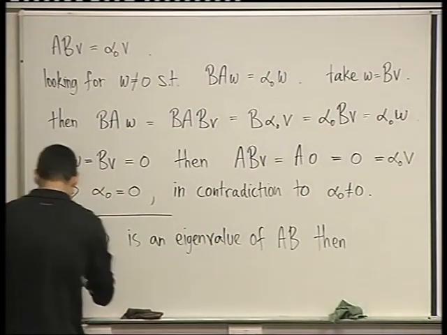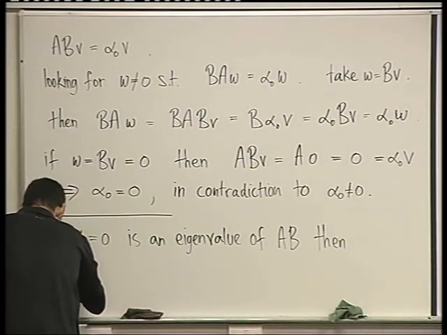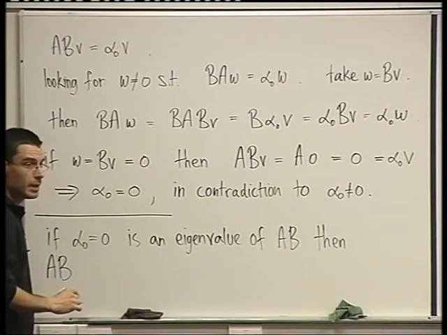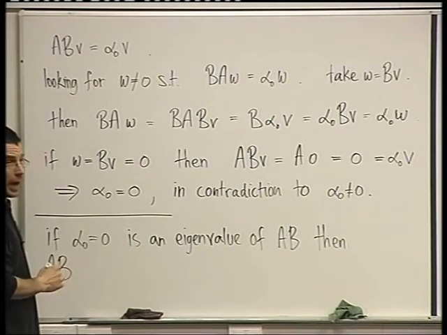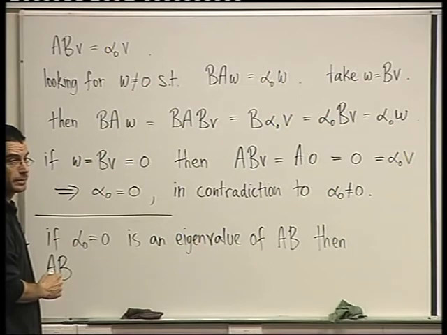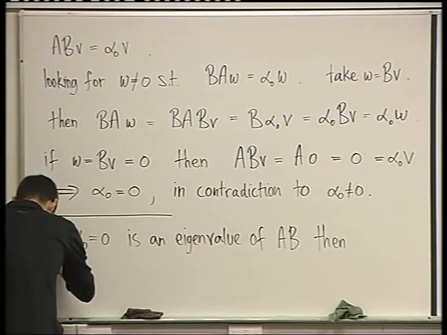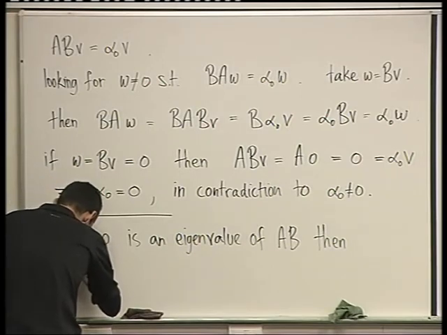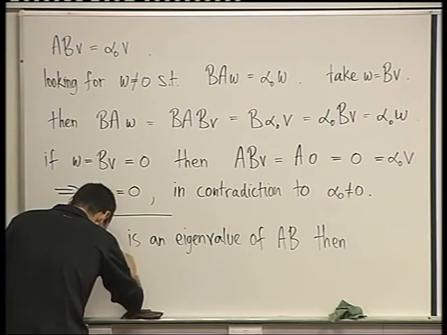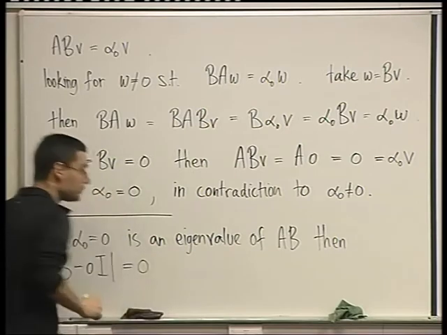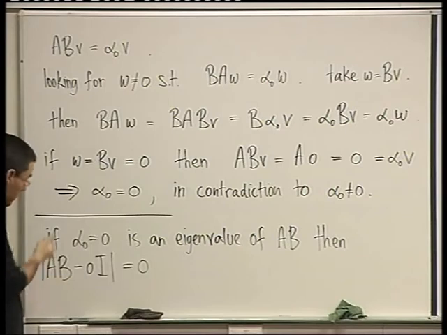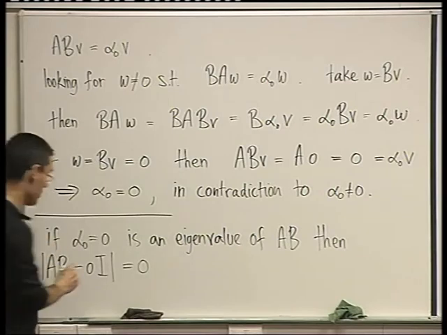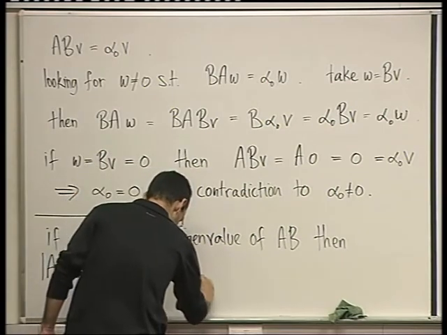It means that the determinant of AB minus 0I is 0, right? That's what it means for 0 to be an eigenvalue. Therefore, the determinant of AB is 0.